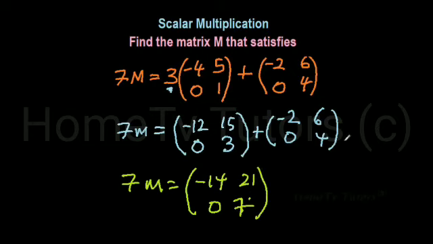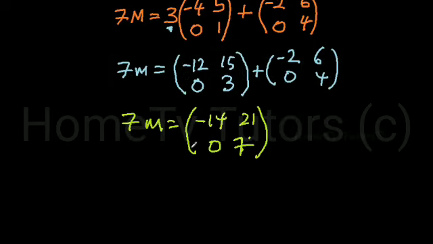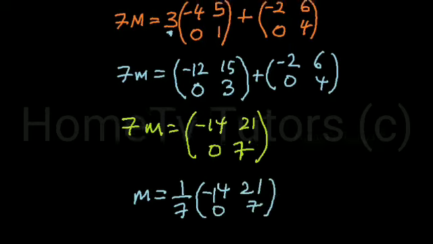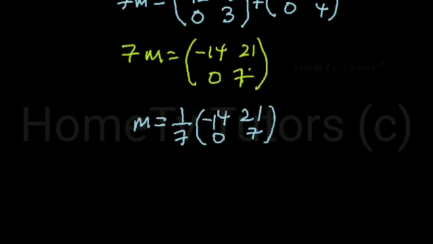So now we go ahead and divide both sides by 7. So we have M equals 1 over 7 multiplying the matrix [-14 0; 21 7]. Now we multiply all the elements in the matrix by the scalar 1 over 7.